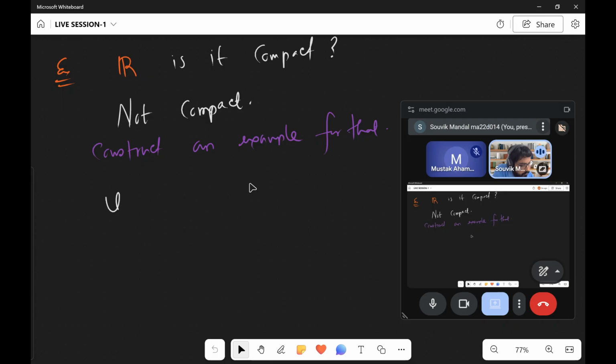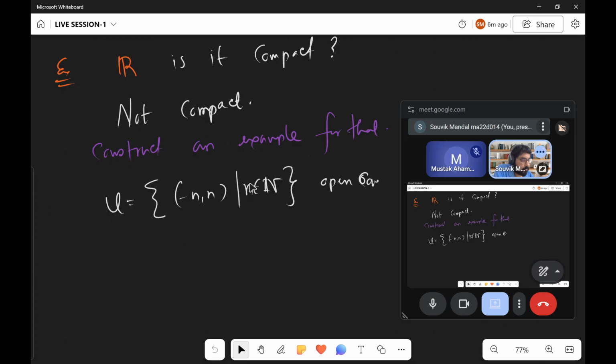Here I am creating an open cover which does not have a finite subcover, okay? So, take the open cover U of the form (-n, n). So, this is an open cover of R, correct?